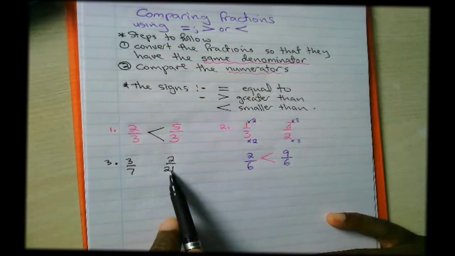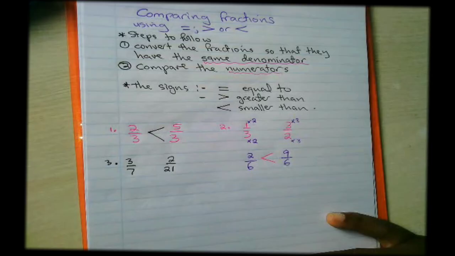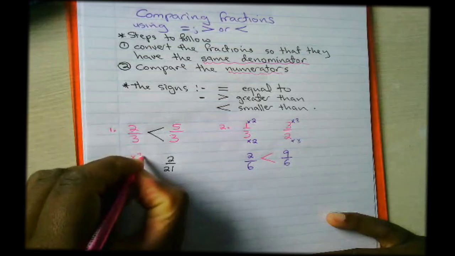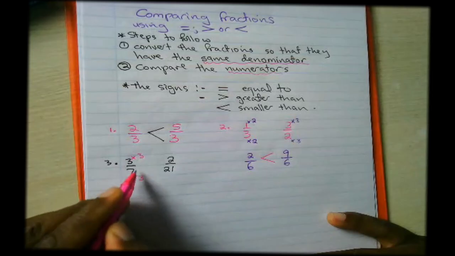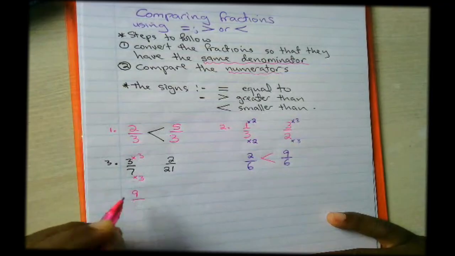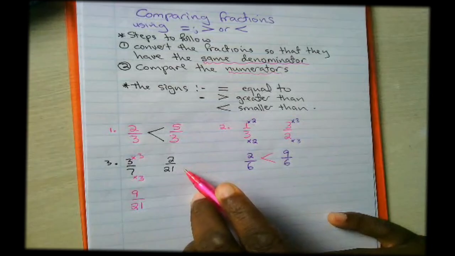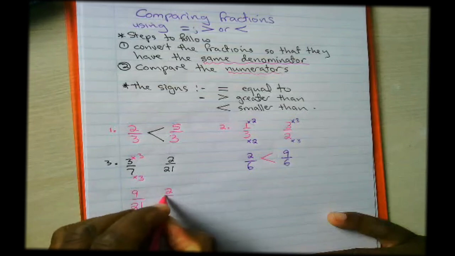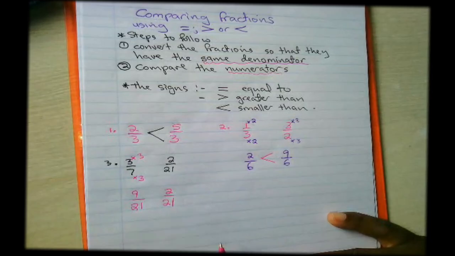Now, this is 21. 7 can be converted to 21. How do we do that? We multiply by 3, top and bottom. 3 multiplied by 3 is 9, and 7 multiplied by 3 is 21. This one already has 21 as its denominator, so we don't need to change anything. So it's 9 over 21 and 2 over 21.